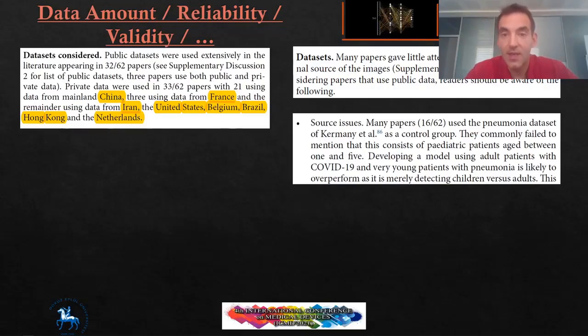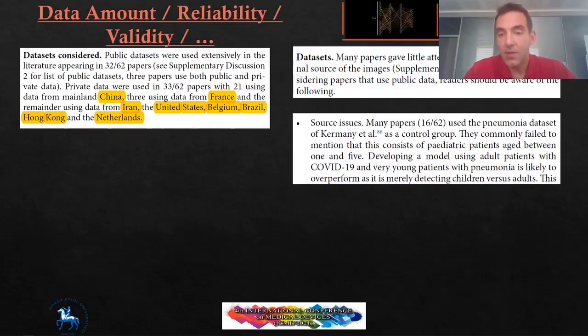So, as you can see, for a system to check adults with COVID, you are testing your model with a pediatric patient dataset. Now, pediatric imaging is a completely different radiographic technique, so it is not feasible to check your model with a pediatric dataset unless you specifically design your model with pediatric datasets.